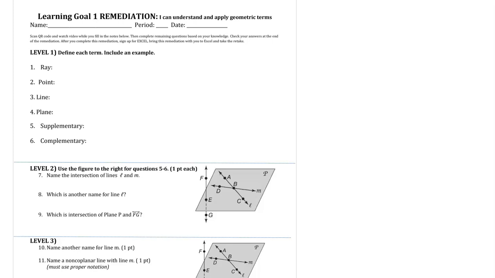So the first term is a ray, and a ray is part of a line that has a start point but no endpoint.